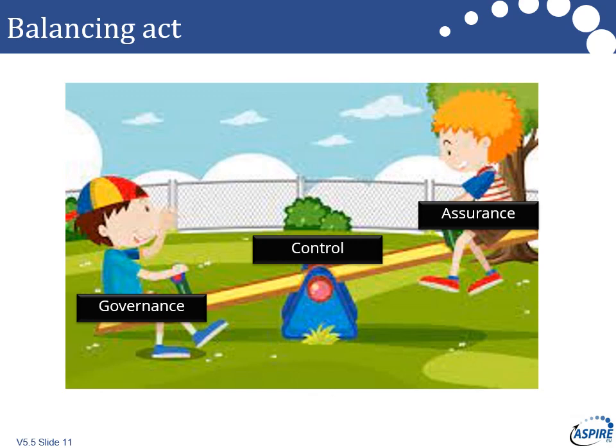So what you're trying to do is get balance. And if we look at some mega programs in the UK, something like the Olympics, they were overwhelmed with governance, control, and assurance. And we did reviews for the National Audit Office, and they almost had teams of professionals that were being rolled out to assurance reviews.